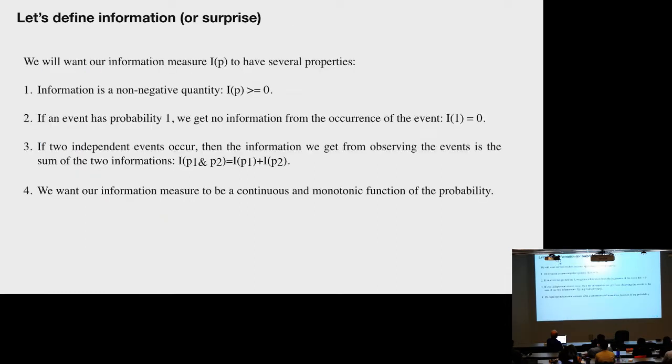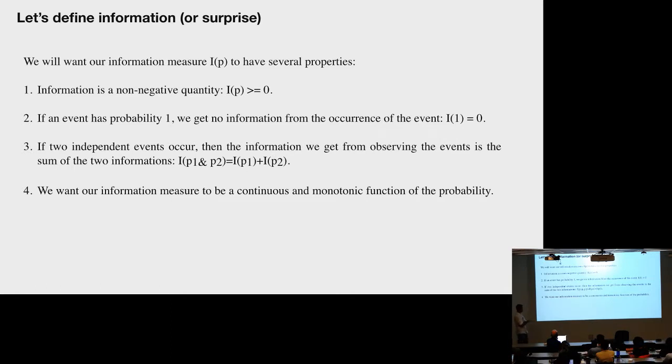All right, so that's what Shannon did. He asked the question: I would like to create an information measure, I of P, of a process, and we want it to have the following properties. First, it has to be a non-negative quantity, because negative information doesn't sound so good. Second, if an event is going to occur with probability 1, we are not going to get any information from it.